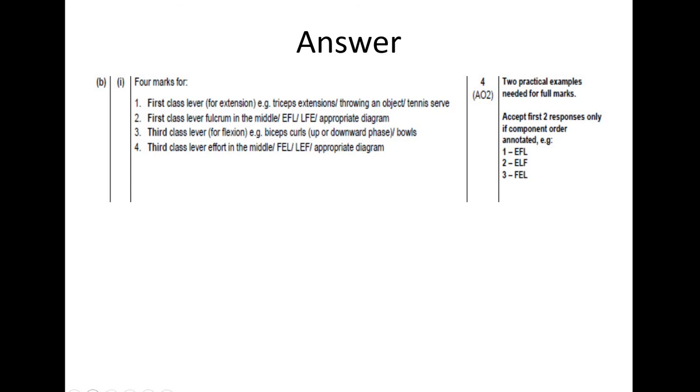Or you don't have to provide an appropriate diagram, but you can if you want to. You'd get a mark for that. Now, a third class lever is for flexion movement, so a bicep curl, or the up or downward phase, and then the second mark for that section would be gained through saying that the third class lever has the effort in the middle or providing an appropriate diagram.